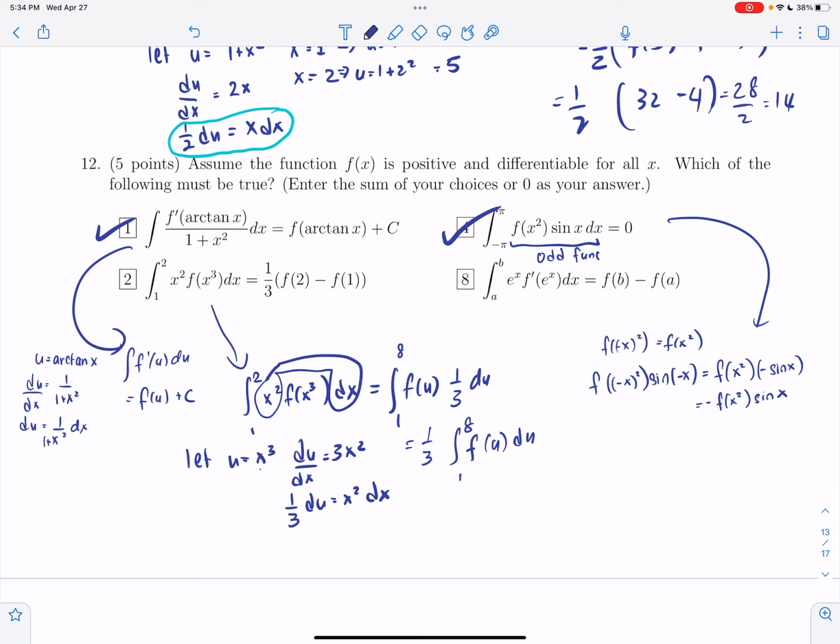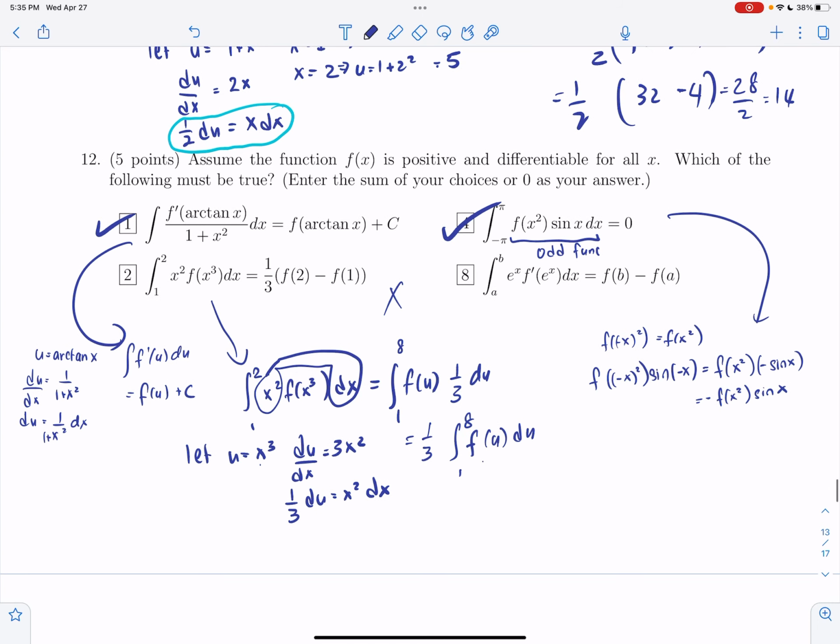That's all we get. We don't have an f prime. Even if we did have an f prime, it would be f of 8 minus f of 1. But here we have an f, and we don't know what the integral of f is. So what we have over here is not true. In either case, this is not true.